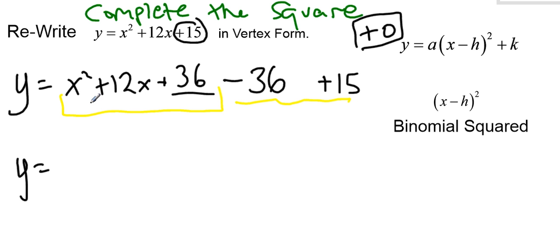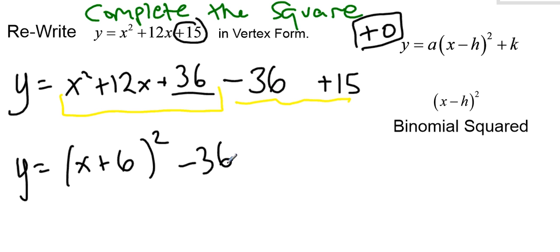So let's go ahead and factor that perfect square trinomial. And remember, we already did this in our head. That step when we took half of 12 and got 6 was already that factoring step. So there's my perfect square trinomial factored into a binomial squared. And now I have negative 36 plus 15. Well, that's just collecting like terms.